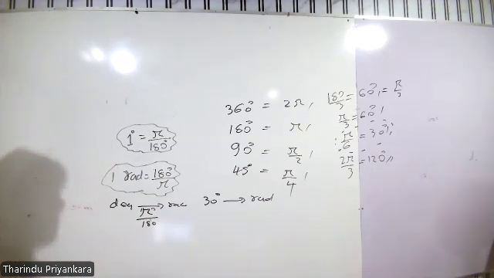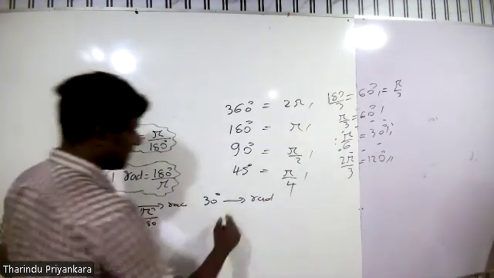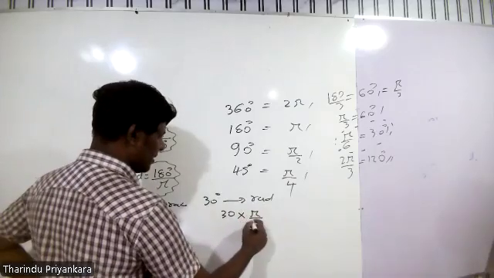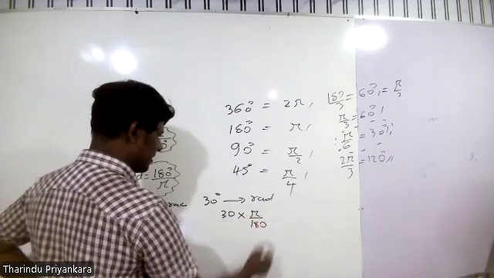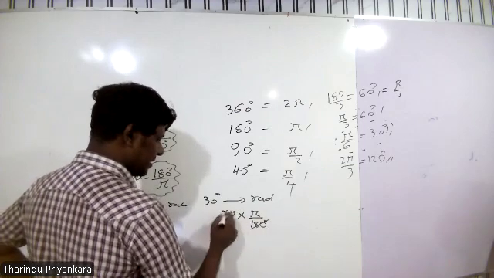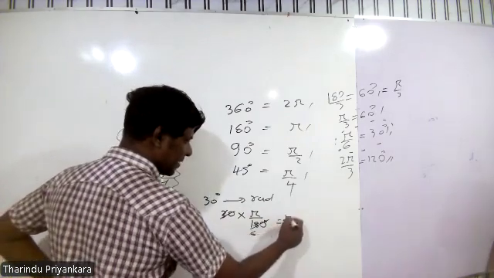What is it? 30 multiplied by pi over 180. 3 and 0, 0 and 1, it is 6. Answer is pi over 6.